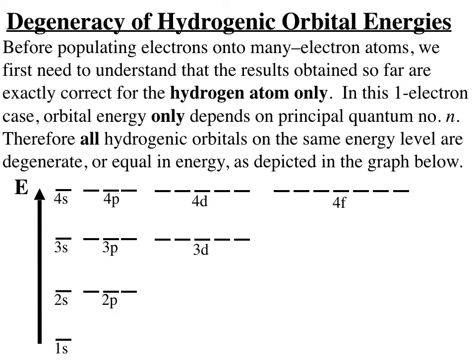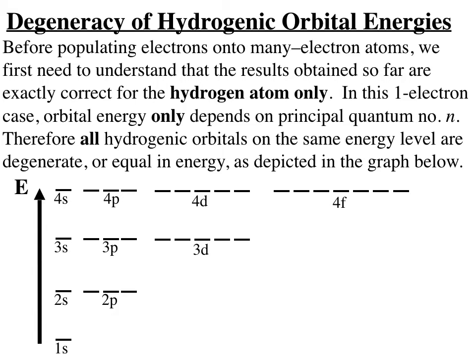So what this means is when there is the opportunity for orbitals of multiple angular momentum to appear on a given energy level, all orbitals on the same n level, on the same principal quantum number level, have the same energy.